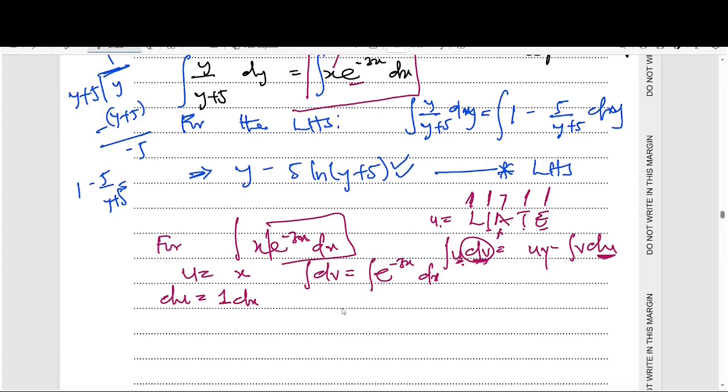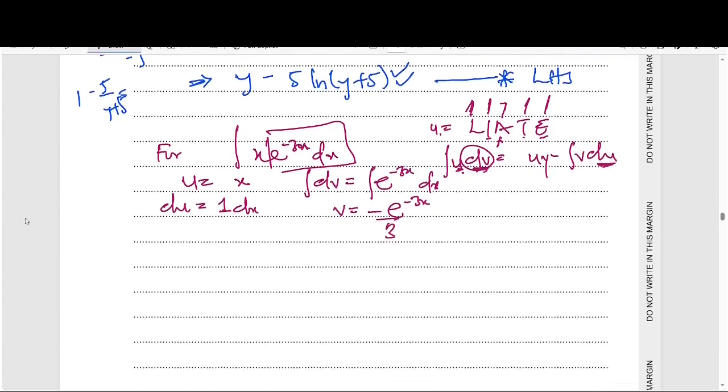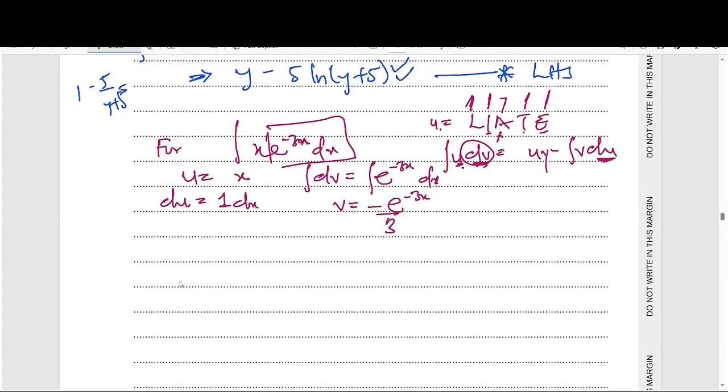Integrating this, you repeat the same thing, e to the negative 3x, and then divide by the differential of the exponent. The differential of negative 3x is negative 3, so divide by negative 3 over here. So that's our v.